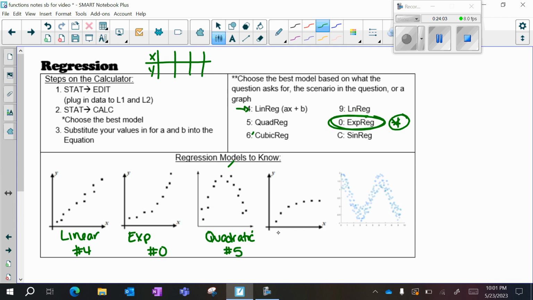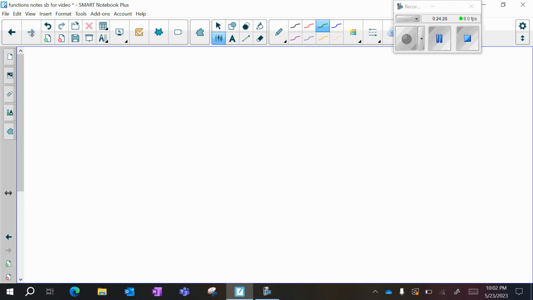The next is logarithmic. This is the one that looks a little strange. It's choice 9 because it's the natural log, ln. And then sinusoidal. But remember, they do not ask this most times. They give it to you in a word problem, and they're telling you to calculate a specific type of regression. You just need to read correctly. And that's it.